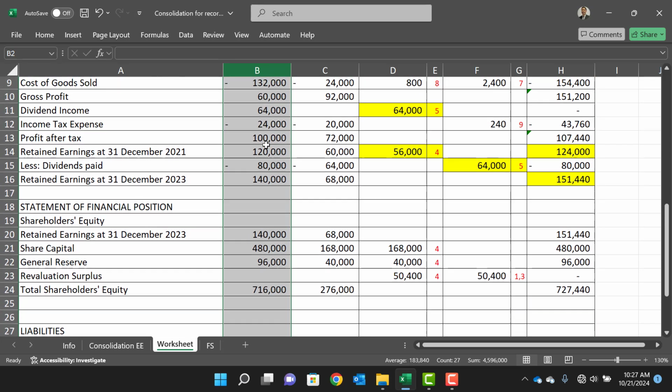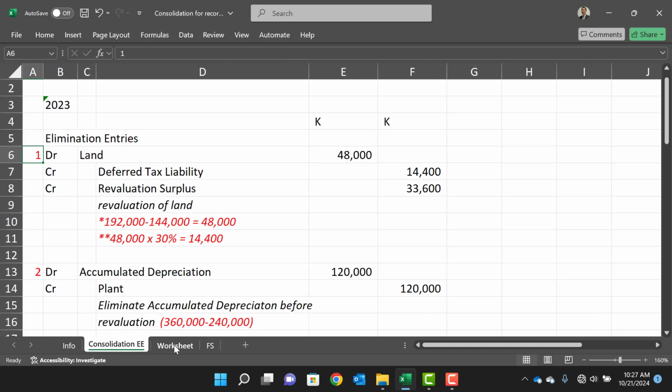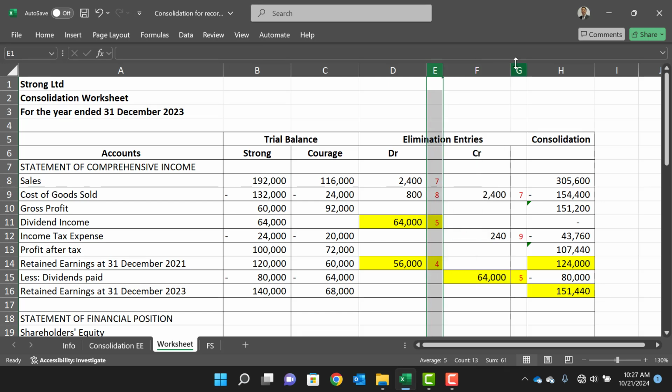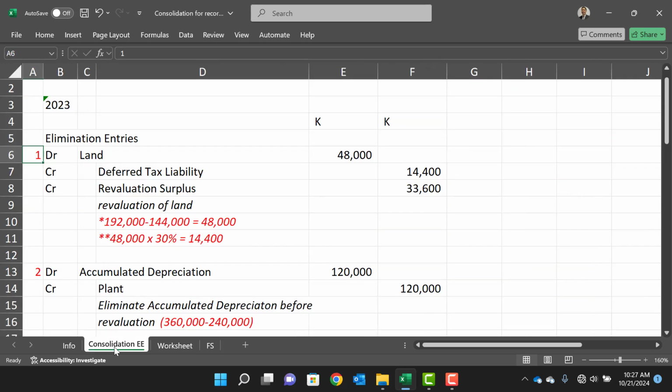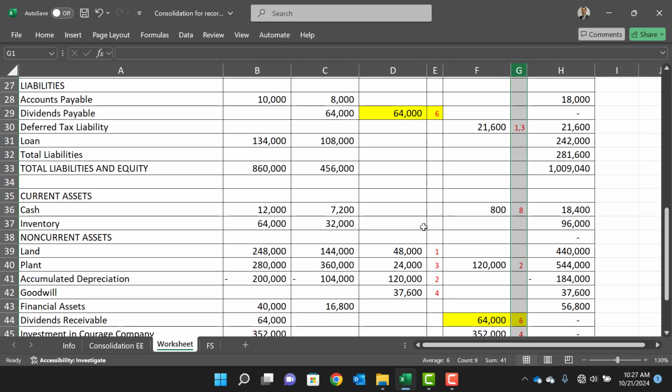In your elimination entries, you have to post all the eliminations that you have done here. You can see I put red font on this numbering that I made on the consolidation elimination entry a while ago. So for example, the first elimination is for land here, or the first adjustment or revaluation elimination entry.